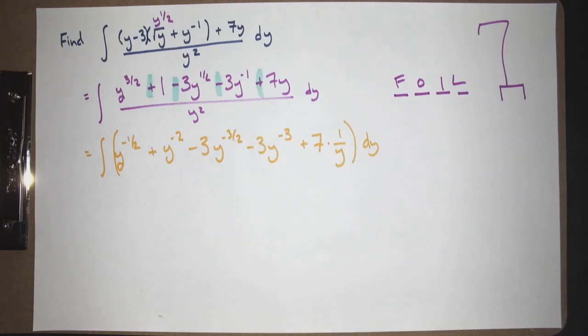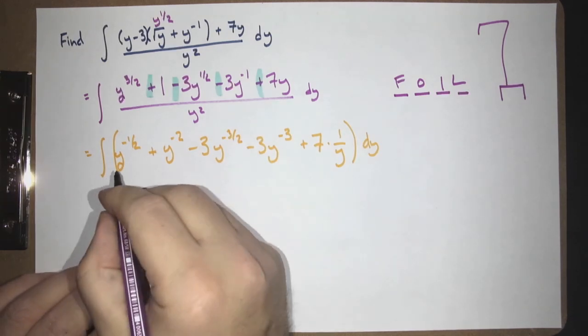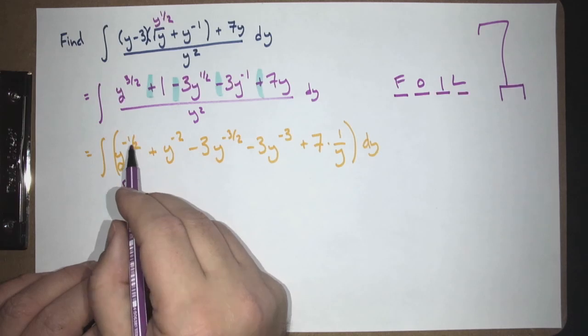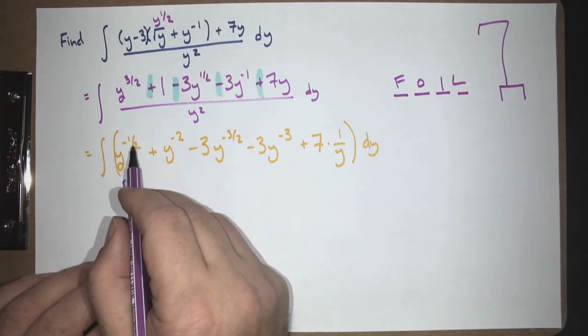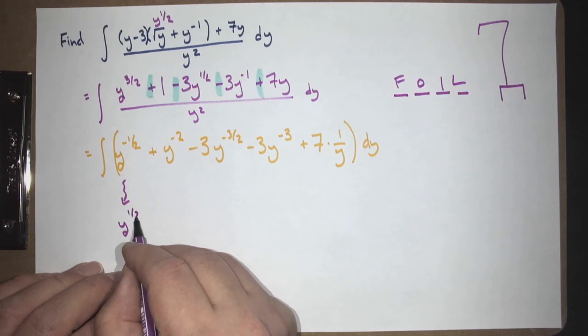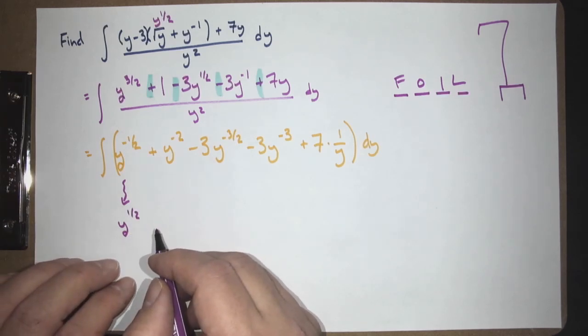So this is antiderivatives, or if you like, integrals are linear. So we do it term by term. So the rule, add 1 to the exponent. So here, -1/2 plus 1 becomes +1/2. And then what do you do?